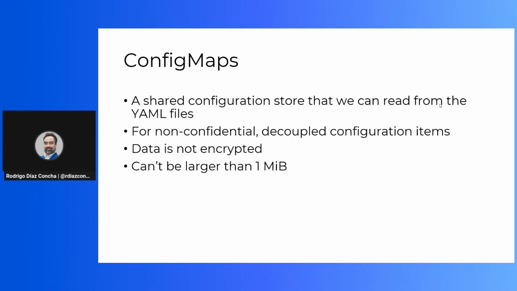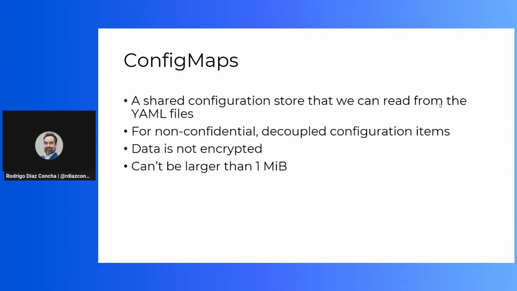So config maps, you can think about those like a special place where you can put configuration values. Those are key value pairs that you can specify, and your container can read those values dynamically and in a decoupled fashion, right? This is for non-confidential decoupled configuration items.